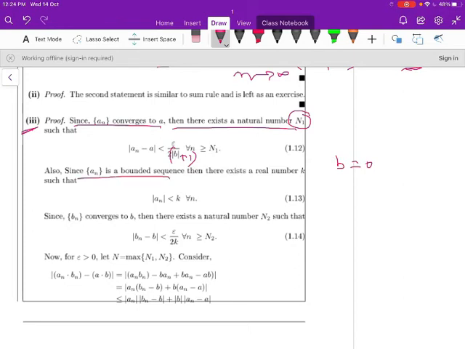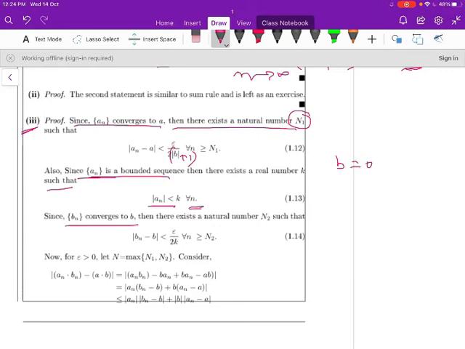Since an is a bounded sequence, there exists a real number k such that modulus of an is less than k for all natural numbers n. So modulus of an must always be less than k, because the sequence an is bounded.